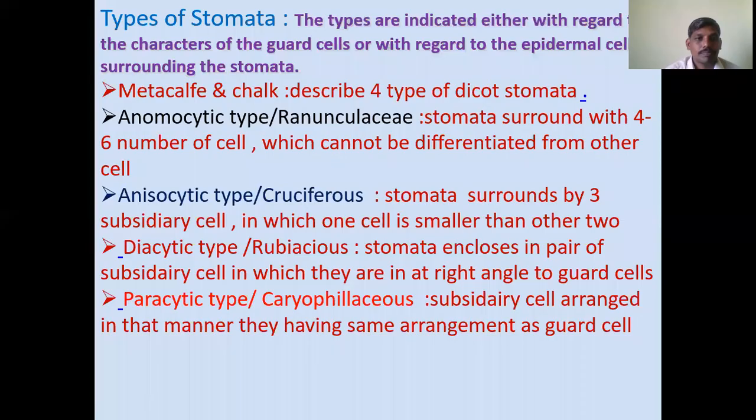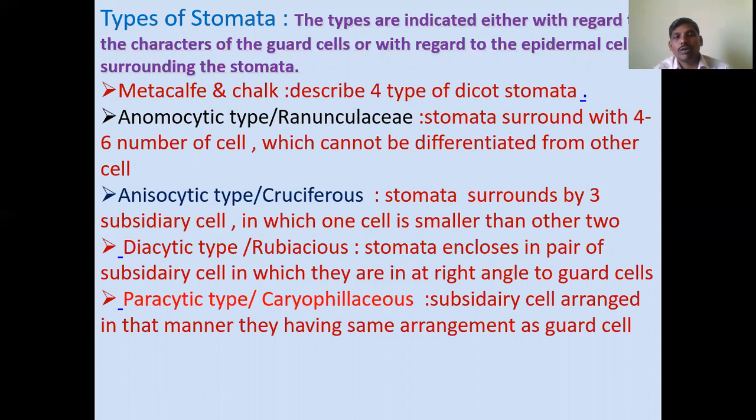Next, another type of classification of stomata, based on the characters of the guard cells or with regard to the epidermal cells surrounding the stomata.